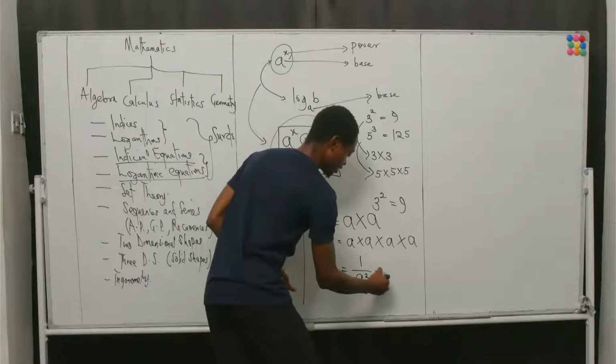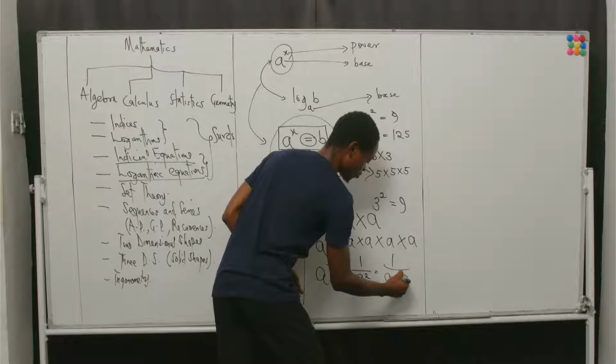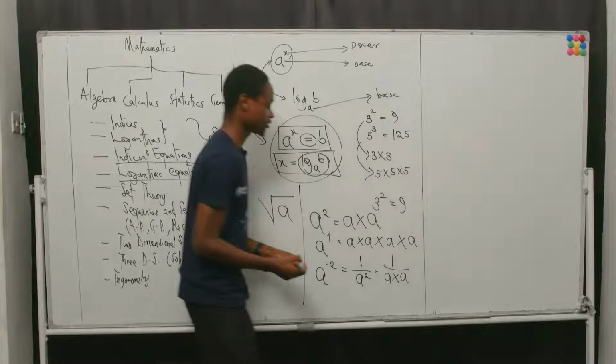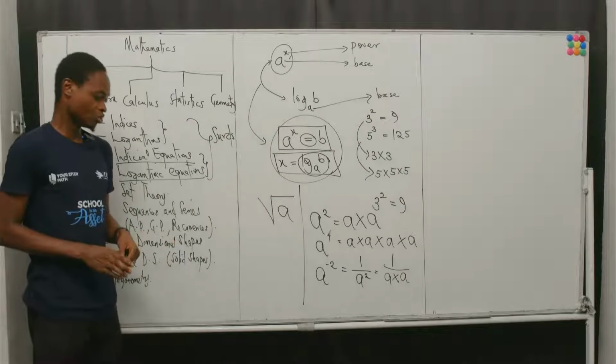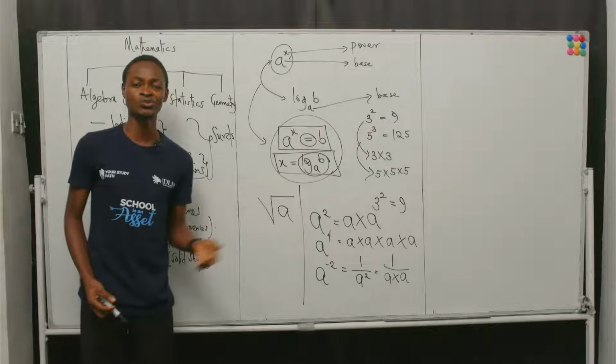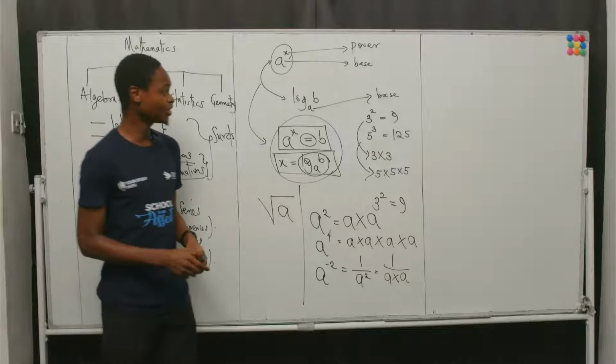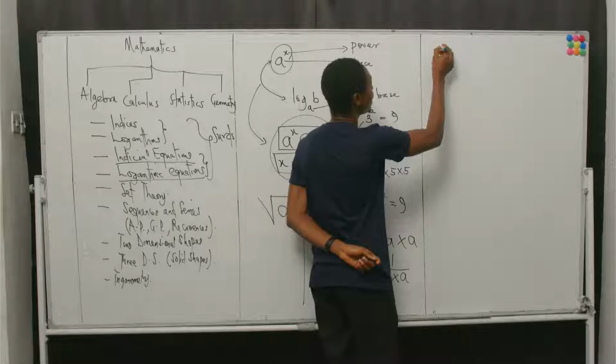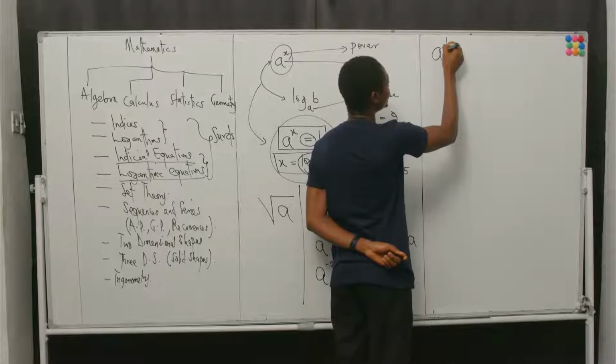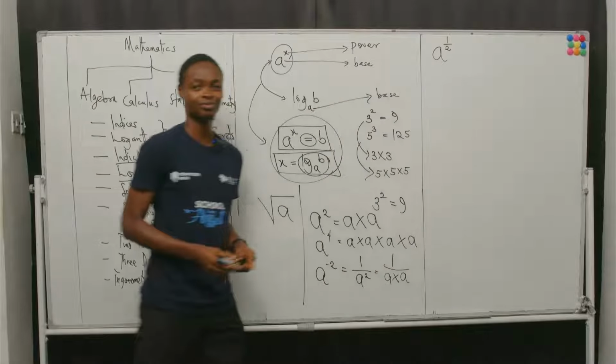And that immediately is like saying 1 divided by a times a. Right? You can do the same thing for a raised to the power minus 4 and so on and so forth. So what if we now have a raised to the power of 1 over 2?